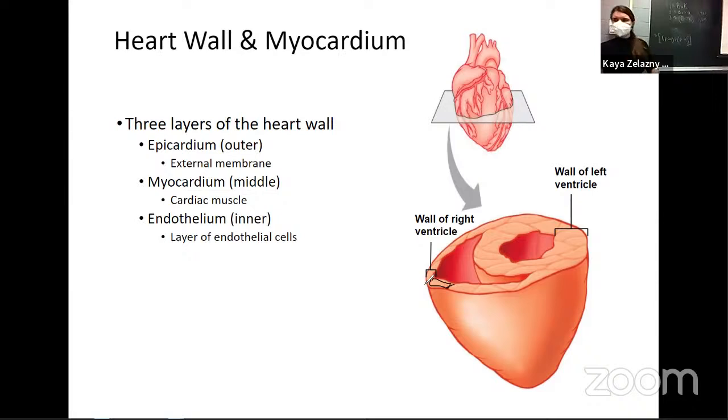Then we have a layer of endothelial cells, kind of like epithelial cells, but on the inside of a cavity, lining those atria and ventricles. So epi, next to outside; myo, the actual muscular part; and endo, meaning inside. That's the interior layer of cells.